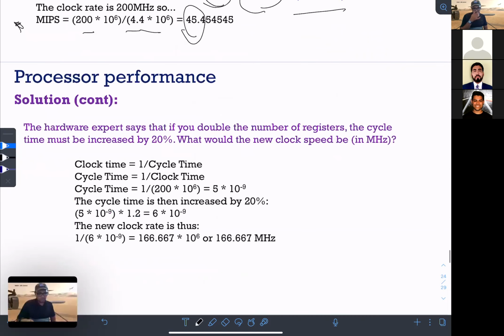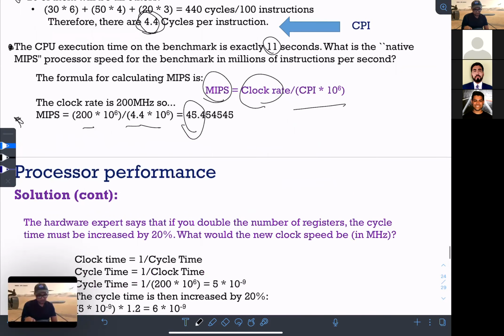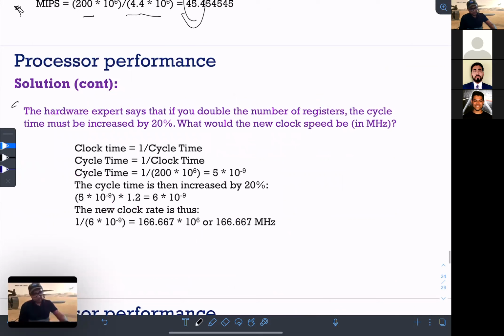Okay, now the processor performance. Now we start adding something. The hardware experts in the team who build the processor say that if you double the number of registers, the cycle time must be increased by 20%.